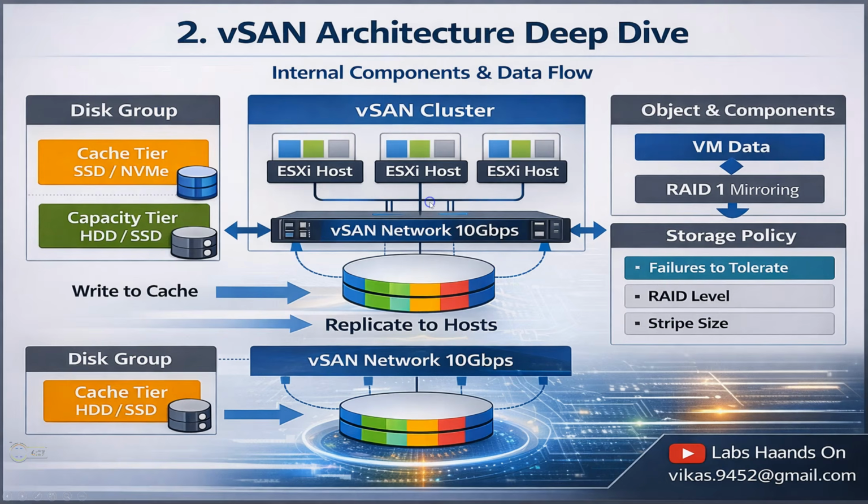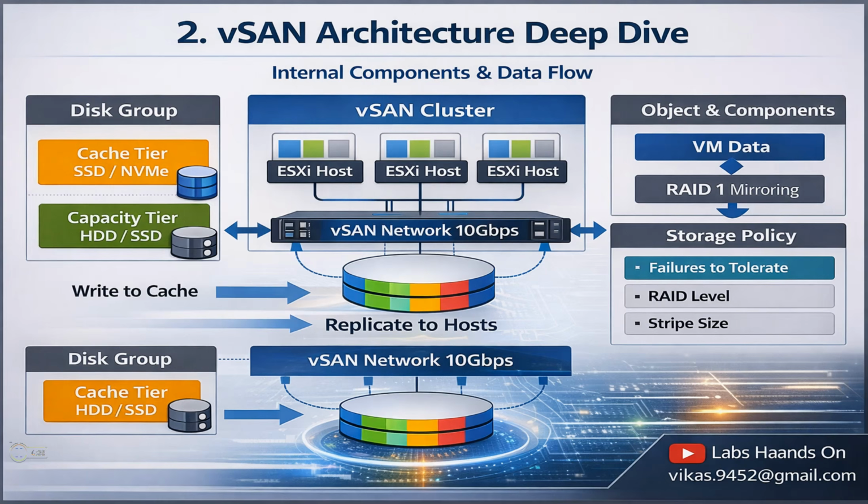Now let's go ahead and see the vSAN architecture deep dive. Let's understand how vSAN works internally. vSAN has 2 main components. One is the disk group. Each ESXi host contributes storage through a disk group, and a disk group is a combination of one cache disk, SSD or NVMe, and one or more capacity disks, which can be NVMe, SSD or HDD.